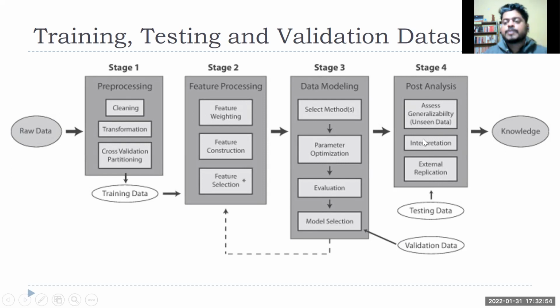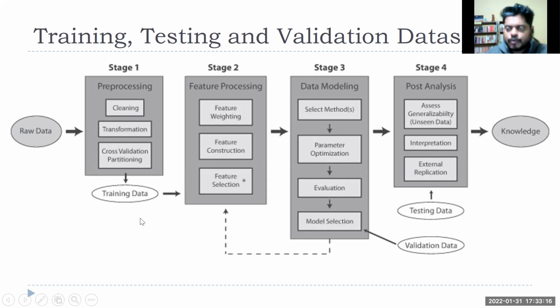That is the testing part. Let's say my regression model created a certain equation. Now I want to see whether that predictive model is able to give the actual result on new data. That is where testing data is used.